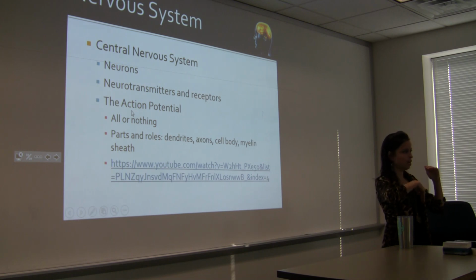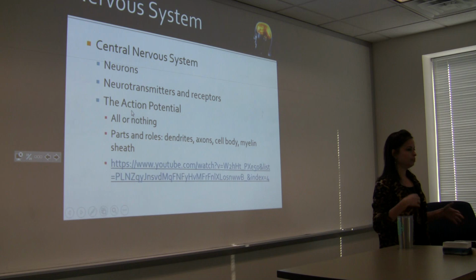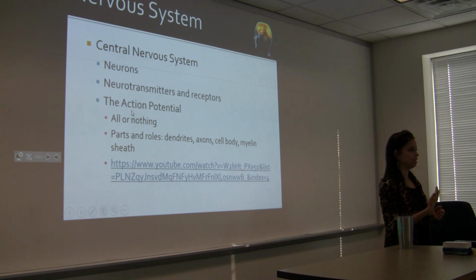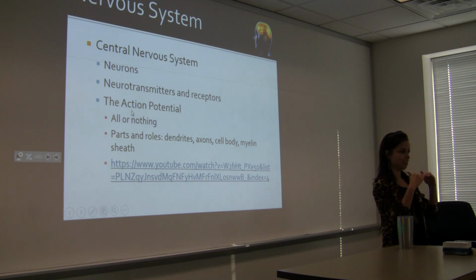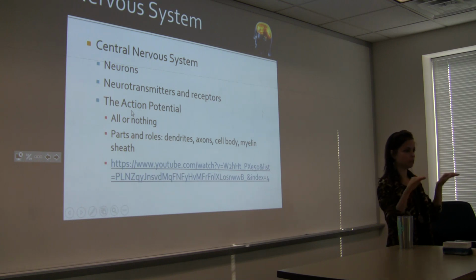So inside the cell moves from a negative 70 millivolt state to a more positive state. If and when it reaches somewhere around negative 55 millivolts, it's enough to trigger the action potential. You recall that I said the action potential is all or nothing, right? So it has to hit that negative 55 millivolts threshold. That's called the threshold of excitation, okay? So that's what starts the action potential, and it sweeps down that axon.